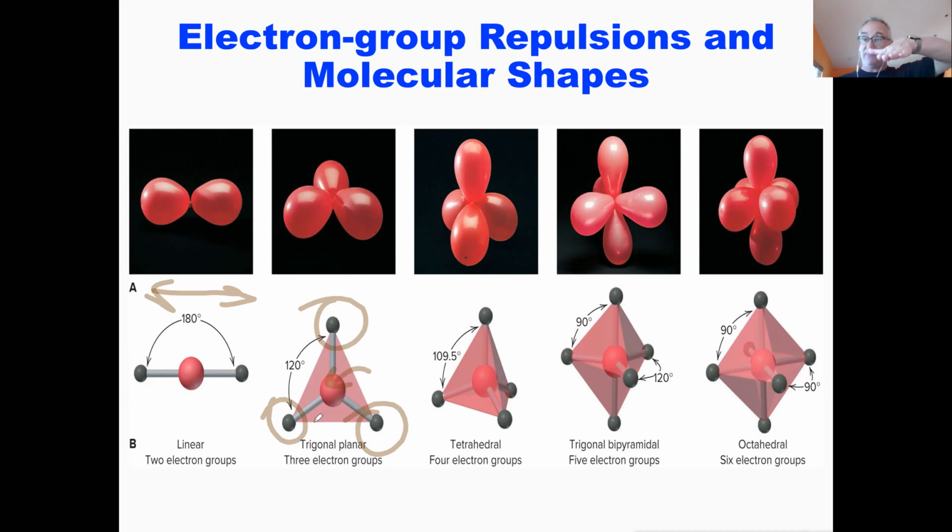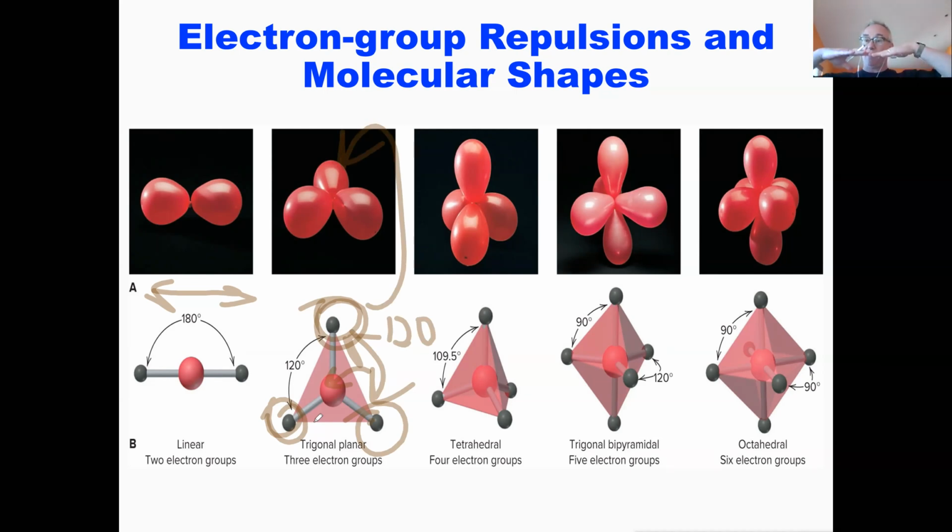Well, they'll stay in a plane, but this time instead of 180 degrees apart, they'll be 120 degrees apart. They'll look like that. Because if they go above the plane or below the plane, they get a little bit closer to one of the other groups. So if they stay in a plane, that gets them as far apart from each other as possible. If they change that angle from 120 degrees, they get a little bit closer. So they keep it at 120 degrees.